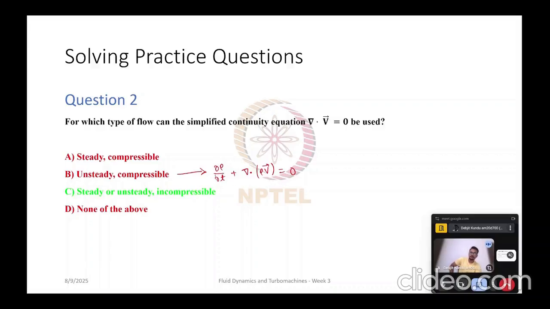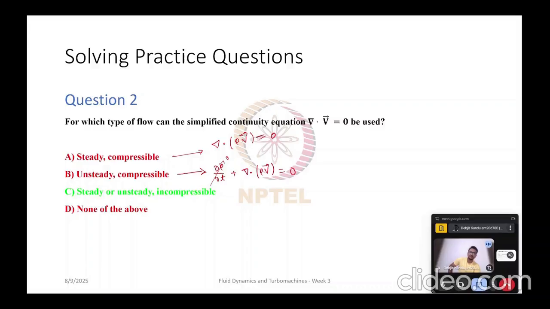Now, if it becomes steady compressible, then only this part will go to 0. And the steady compressible version of the continuity equation will be the divergence of rho v vector equal to 0.